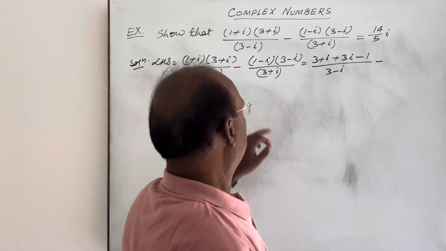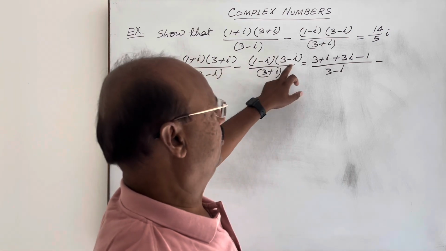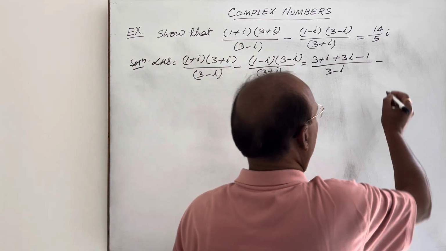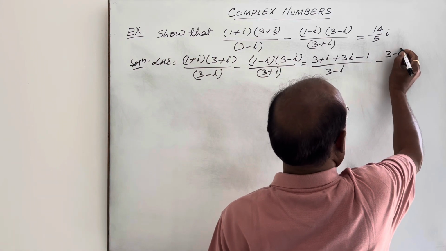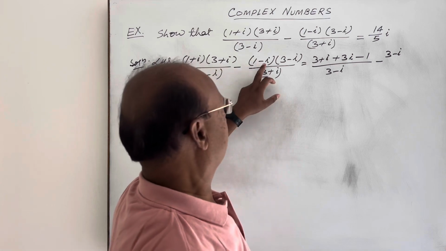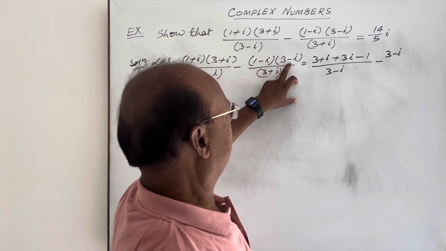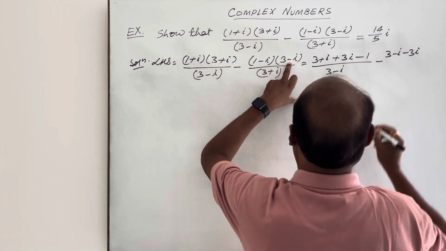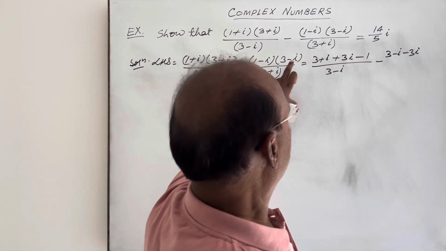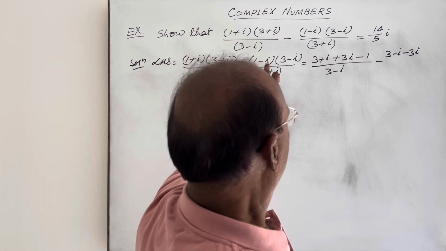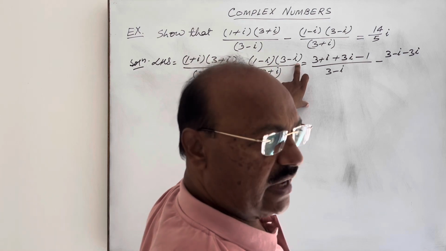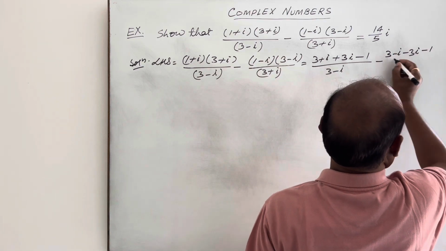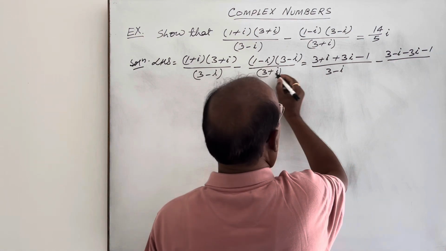Minus, similarly we will multiply these two factors of numerator. So 1 into 3 − i is 3 − i. Now multiplying with minus i into 3 is minus 3i, and minus into minus is plus, and i into i, that is i square, which is equal to minus 1, divided by 3 + i.